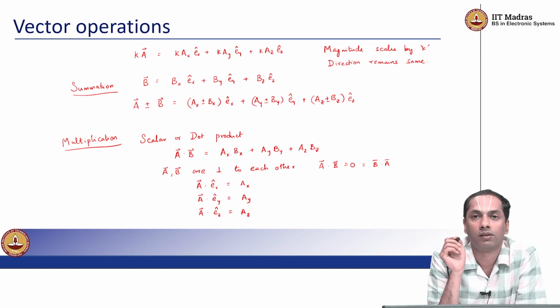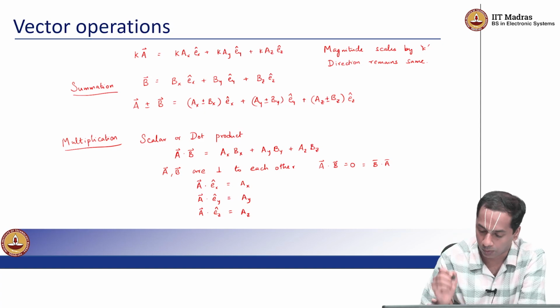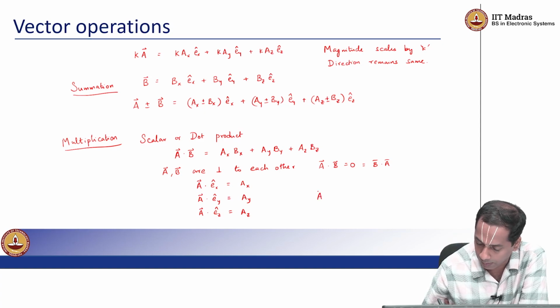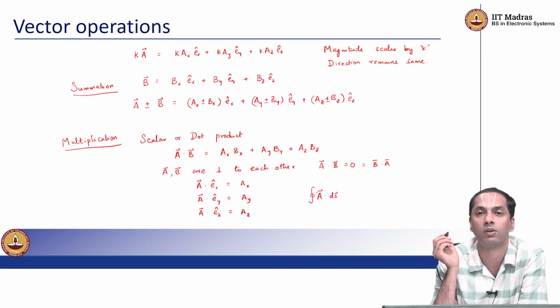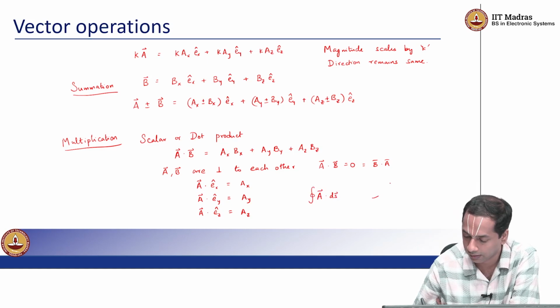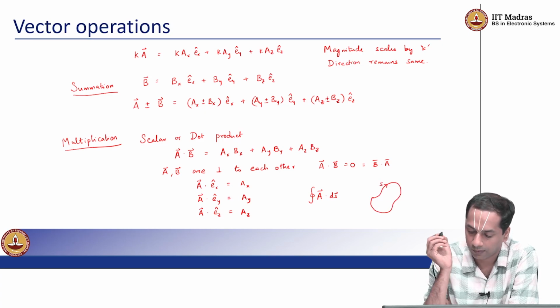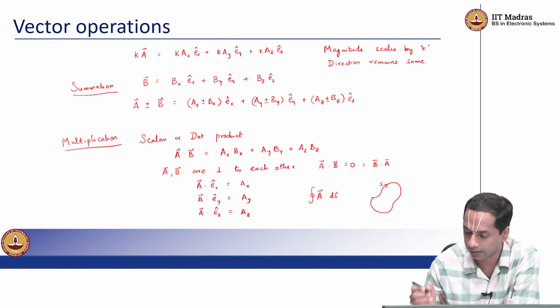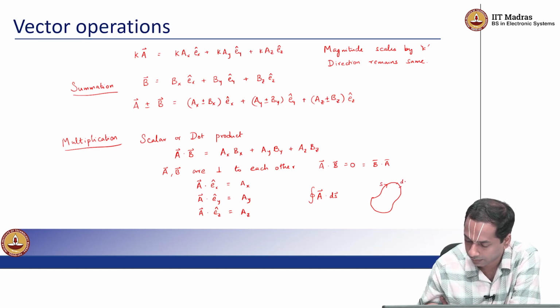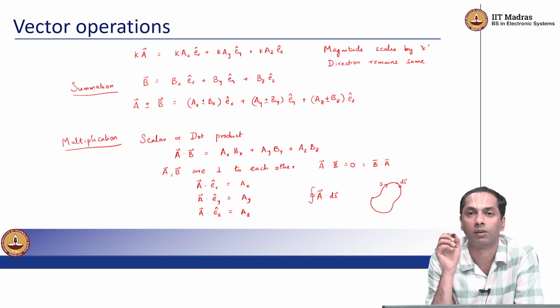So that means to say when you look at these closed contour integrals, right? Remember you would have seen expressions like A dot ds, right? Say a closed loop, or it could be an open loop integral where S is some path, right? And ds is a small element, right, along the path.